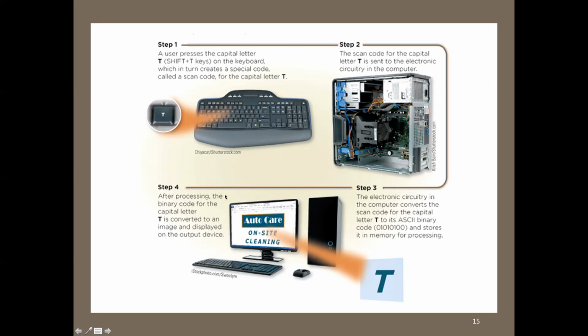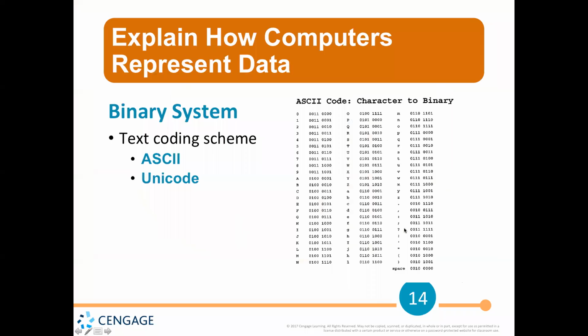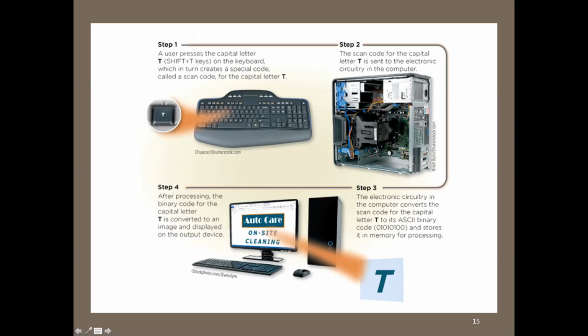And then the computer takes that information and converts it to the ASCII binary, which is 01010100. Remember, if we look back on this page, actually, I hope this is the same. I haven't checked it, but we'll check it right now. Yes, it is. So that knows it's a T, and then it goes into the computer for processing.